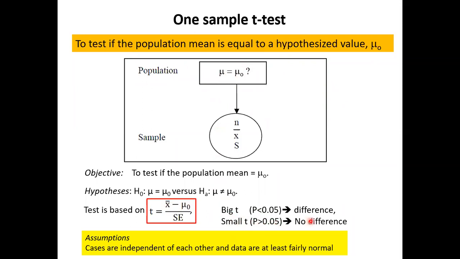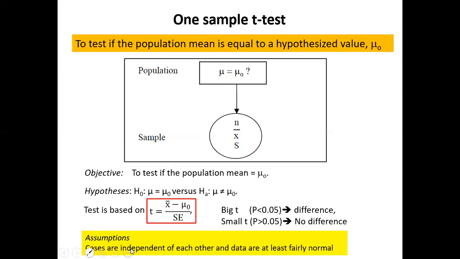There is no difference. Remember, the objective is to test if the mean equals the hypothesized value. When you do the test, we look at the p-value. Less than 0.05, we say mu is not mu naught. More than 0.05, we say perhaps the mean is mu naught.